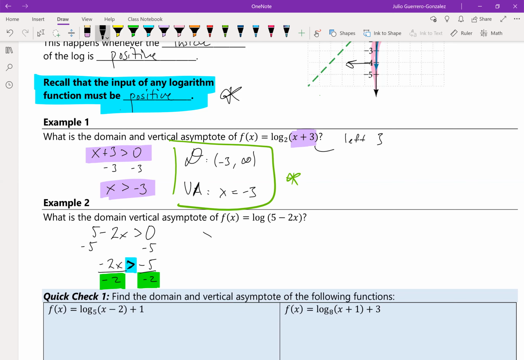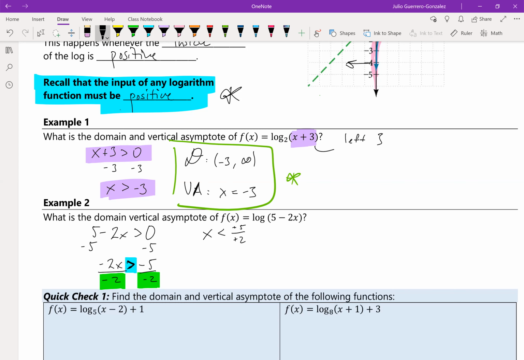So now we have x less than -5 over -2. But since it's two negatives, they turn to positive. So our domain would be 5/2 to positive infinity. Oh, negative infinity, because it's less than.